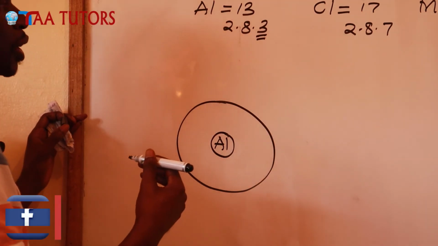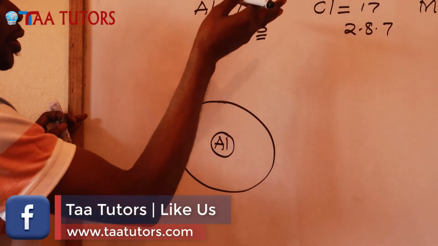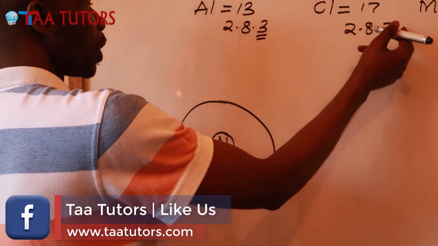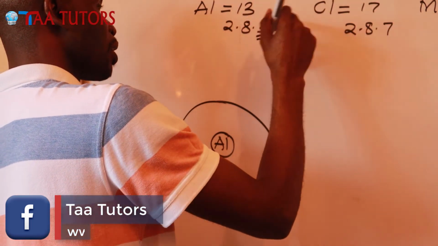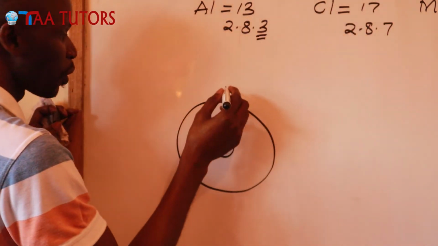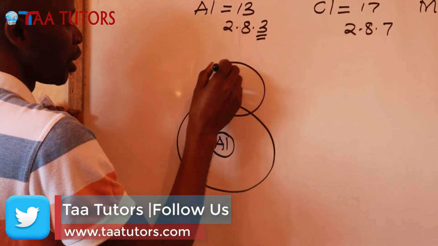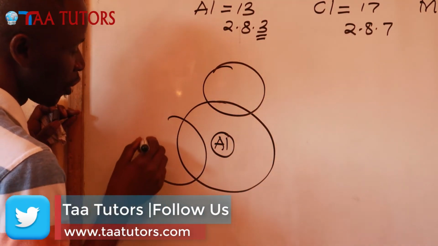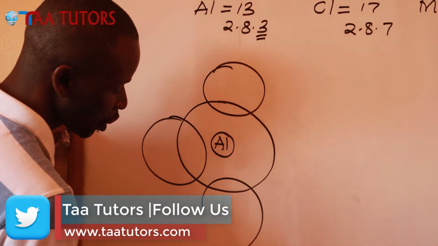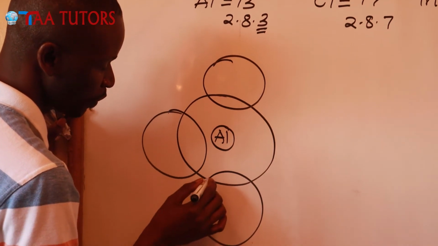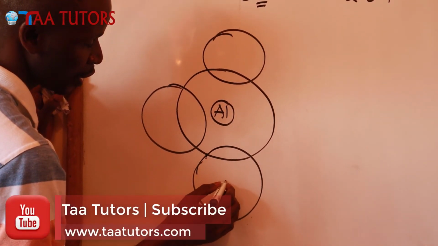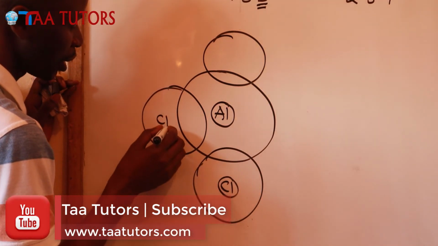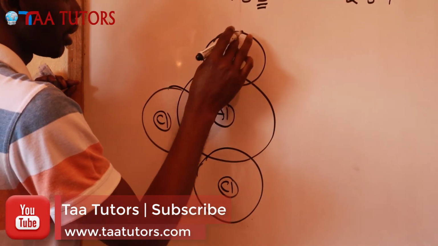Those 3 electrons can be shared with 3 chlorine atoms, because each chlorine will bring one to share. So we are going to have 3 chlorine atoms on the aluminum atom sharing the 3 outer electrons of aluminum. So this is Cl, Cl, Cl.